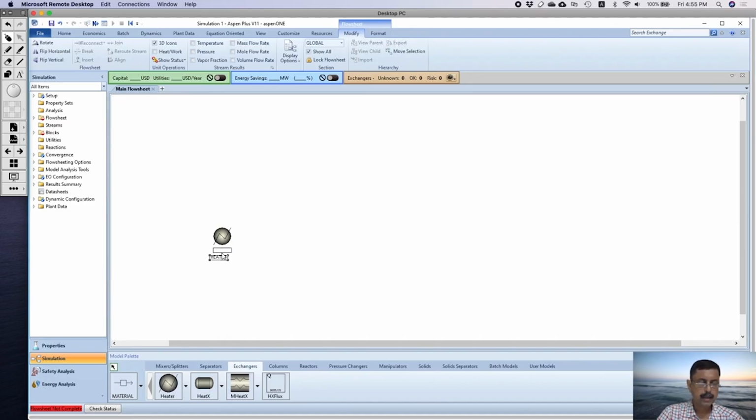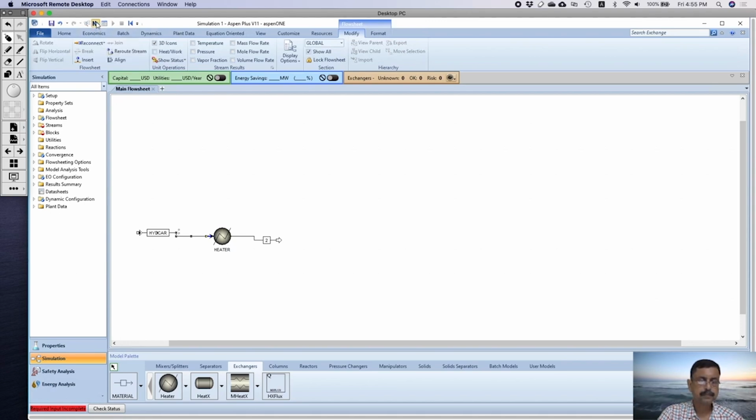And then it should have material input, feed, and this is the product. Now here we have to rename it, say hydrocarbon. We rename it, and then we press next.